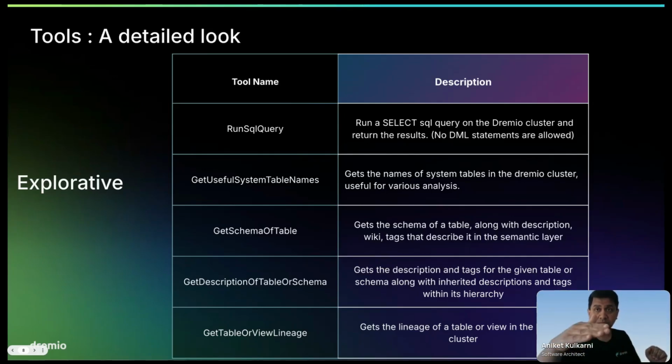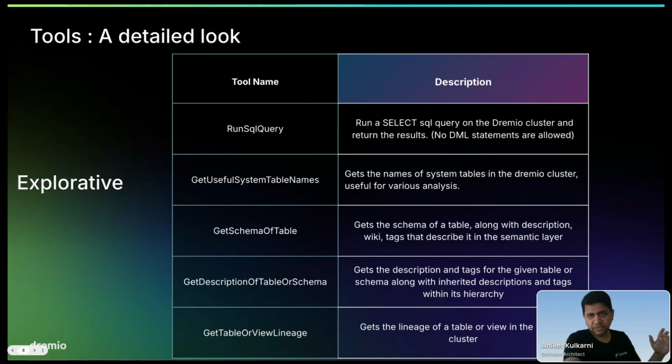So this gives you a flavor of how the tools are developed and what the tools do. So this is the run SQL query, and then there are a bunch of other tools which tie the Dremio semantic layer into this ability so that the LLM can get better information.